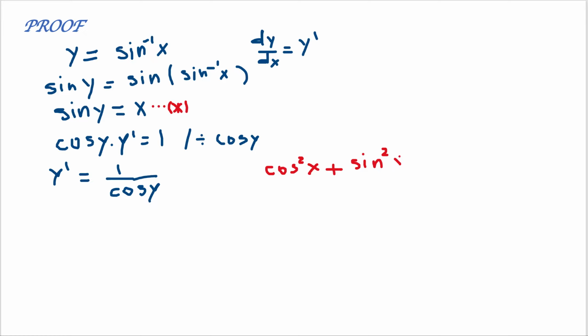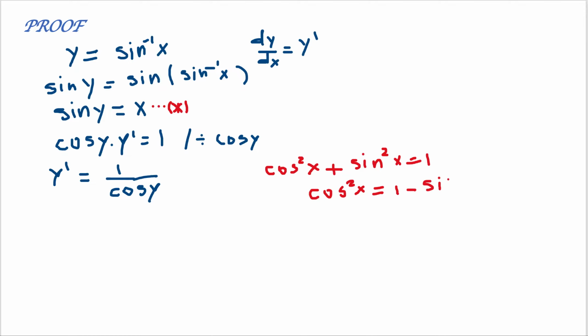Now I'm taking a shortcut. If I'm putting the sine square on the other side, it's going to change the sign, and cosine square x is going to be as follows: 1 minus sine square x.